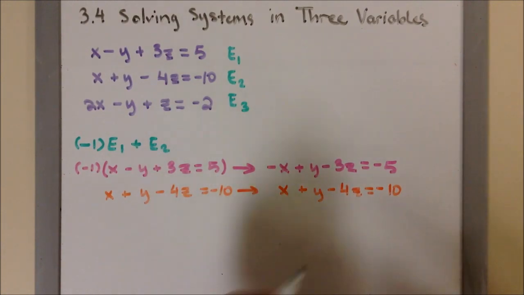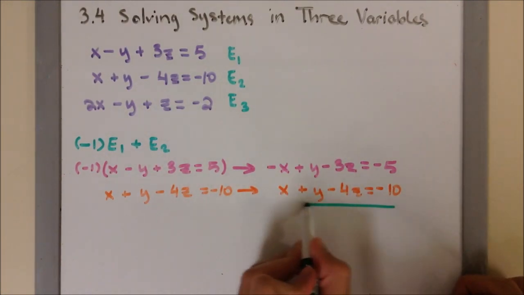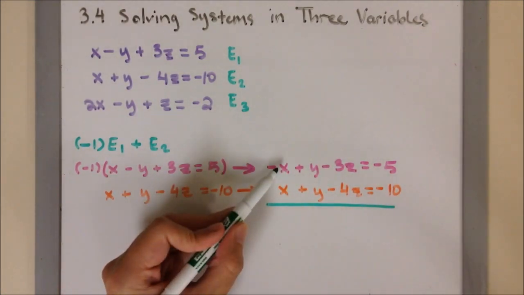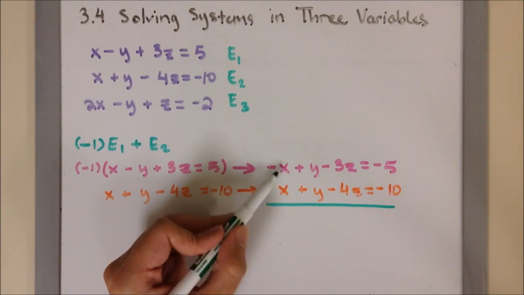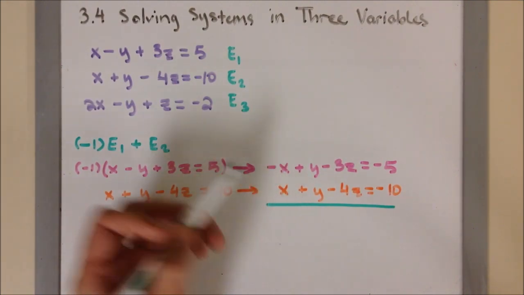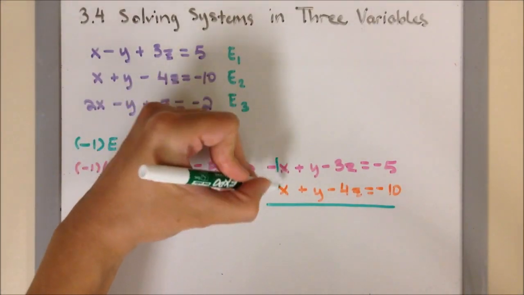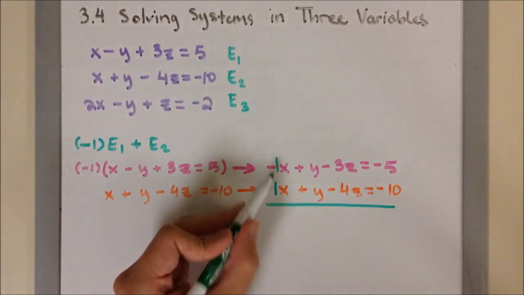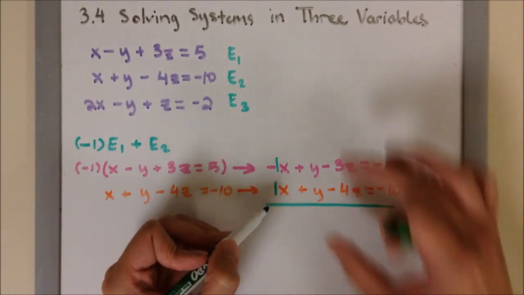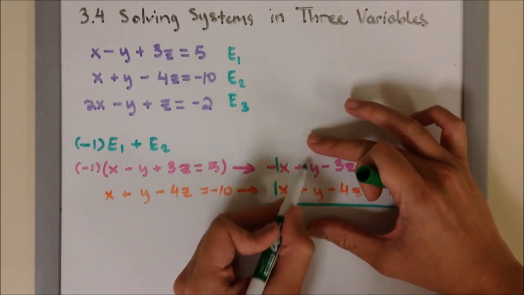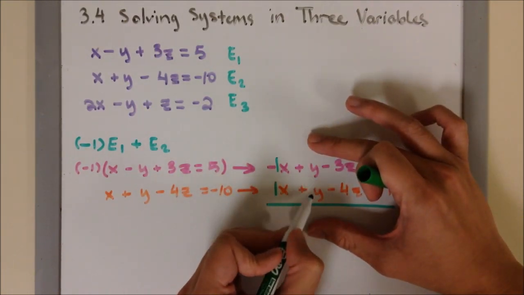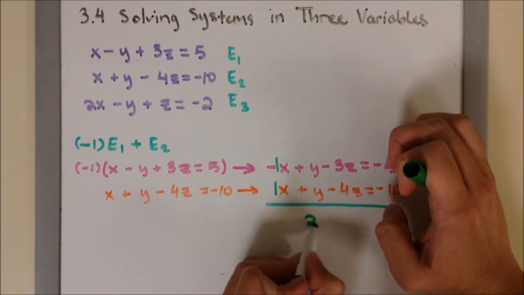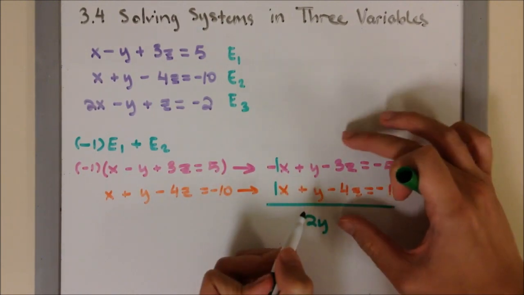So now I'm combining these two equations. Let's take a look. Notice how we're working with the same variables, opposite signs and the same number, an invisible 1. So these x's will cancel out. I'm going to combine the y's: positive 1y plus 1y will be 2y.